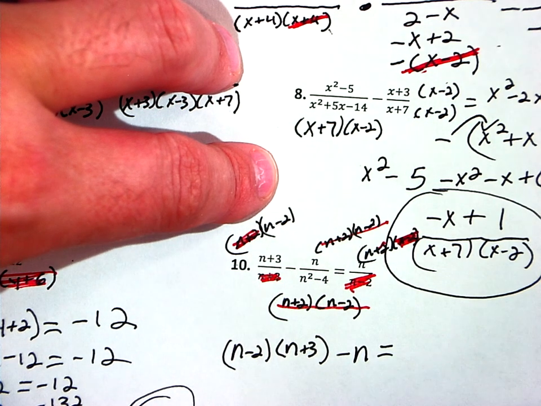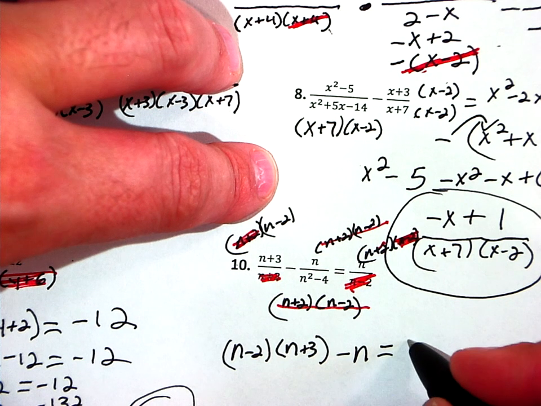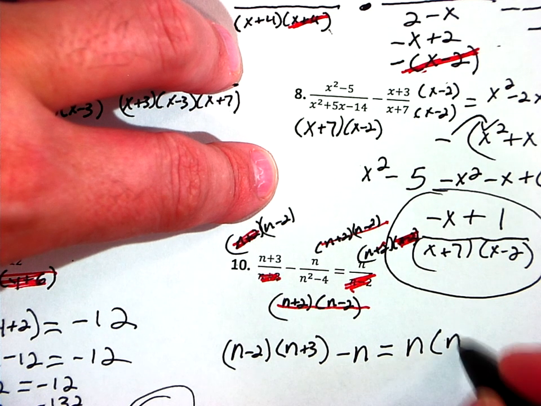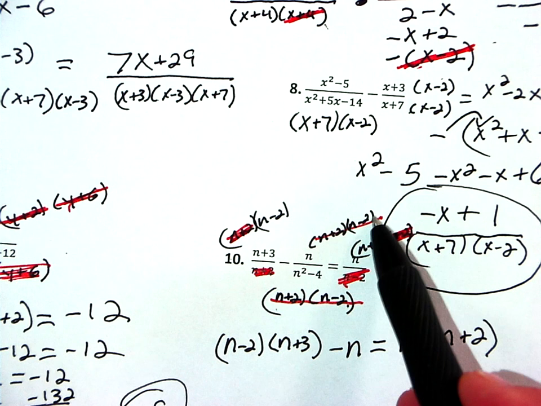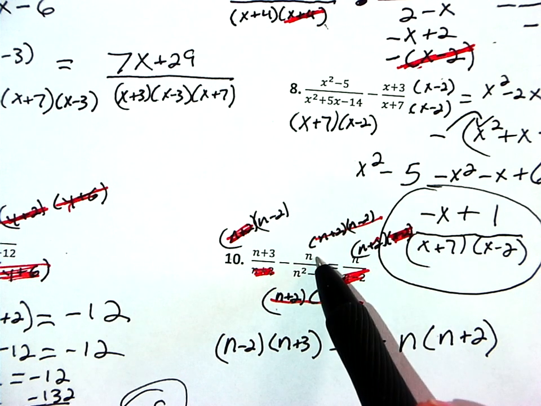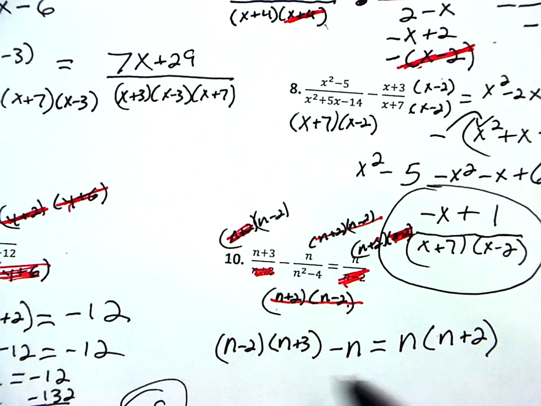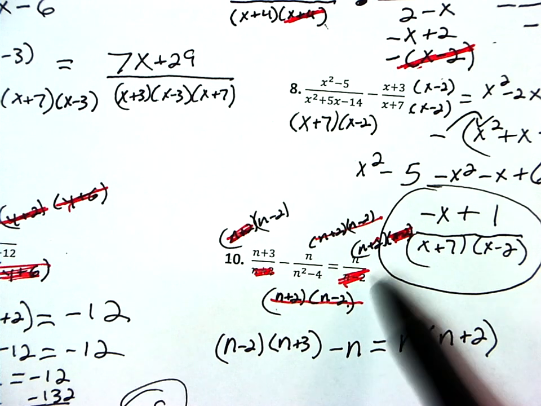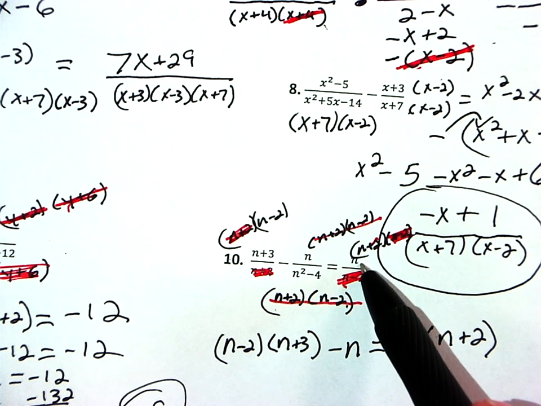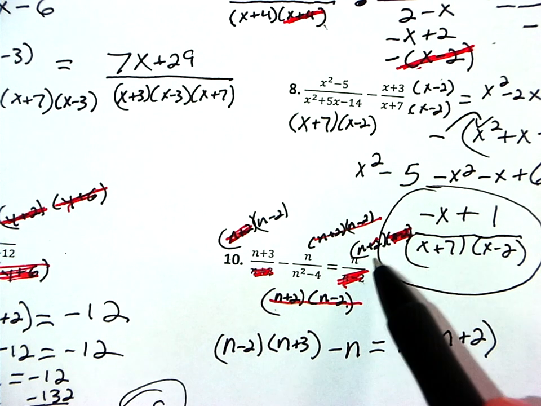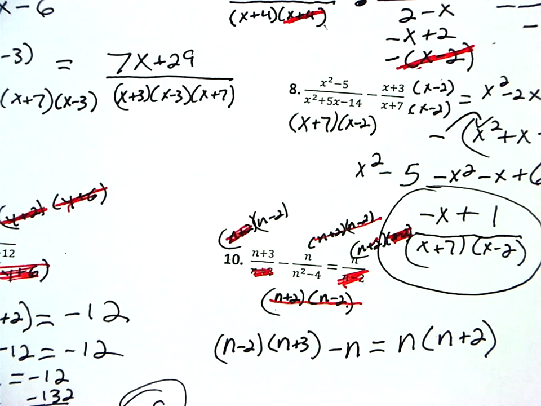So that leaves me... You lost me. Okay, hold on. Where did I lose you? We canceled out the n plus 2, the n minus 2, and I crossed off the n plus 2, n minus 2, so that left me just the n. It's a minus n, so I wrote minus n. So on this one, I crossed off the n minus 2 and the n minus 2. There was an n already there, so n times n plus 2. It's a lot of n's.